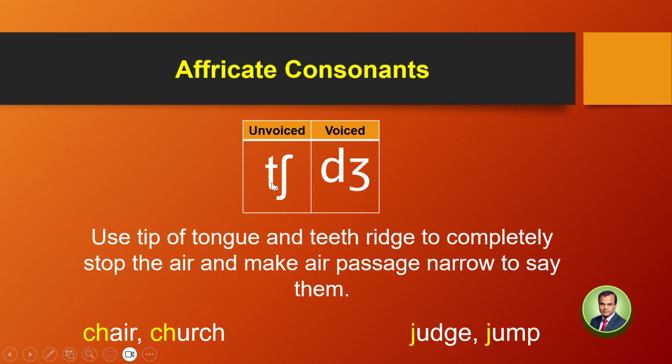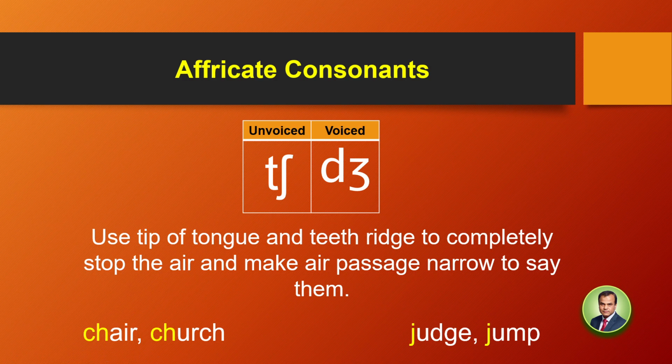The first one is T and a stretched S, and the second one is D plus 3, the number 3. Each will be considered a single phoneme. The pronunciation of the first is ch, and the second is j. This one is unvoiced and this one is voiced.